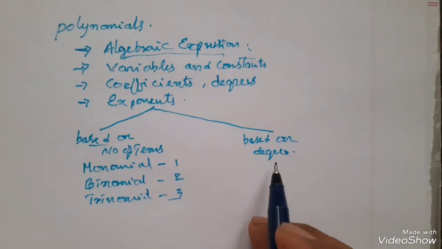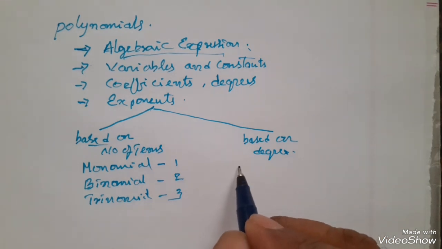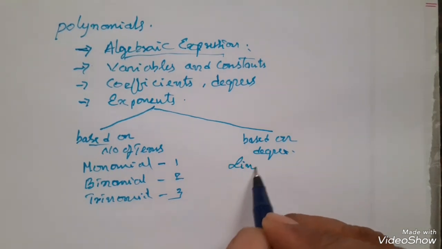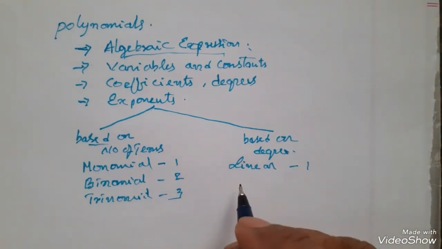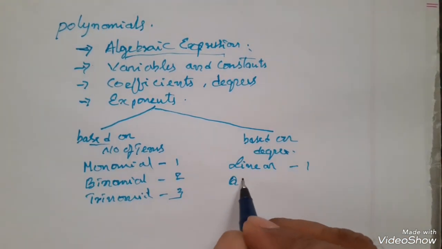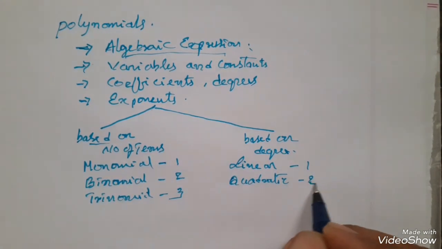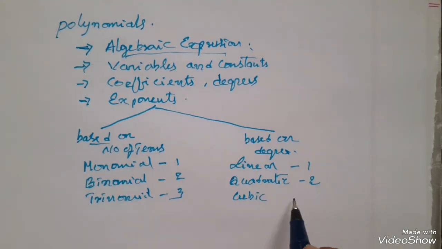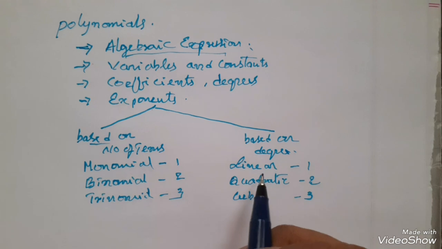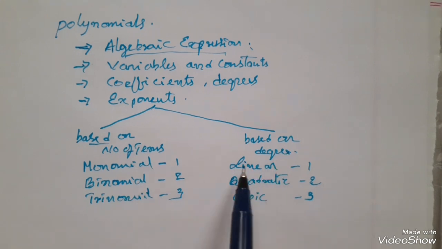And based on degree also, we can classify the polynomials. One is a linear polynomial, it means degree is 1. Quadratic polynomial, degree 2. And cubic polynomial, degree is 3.